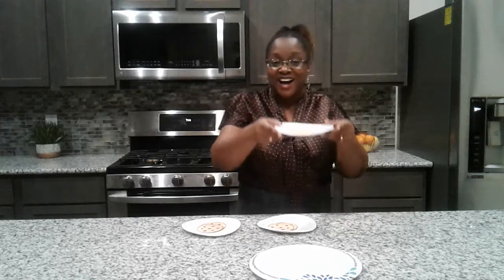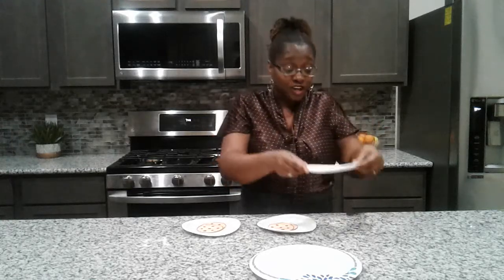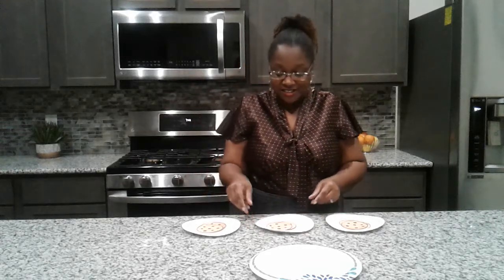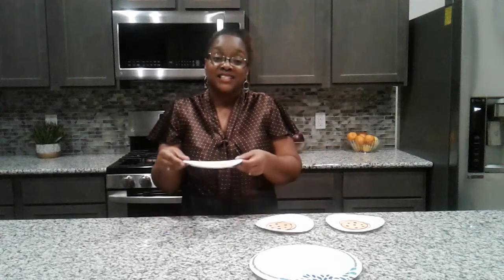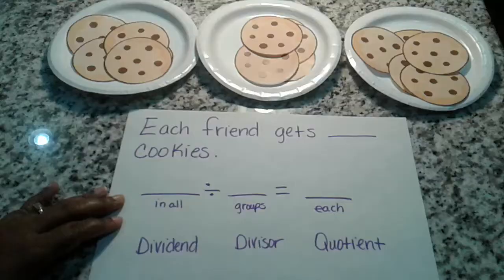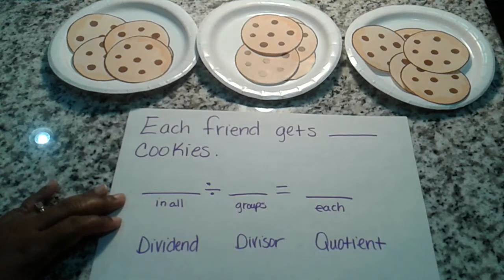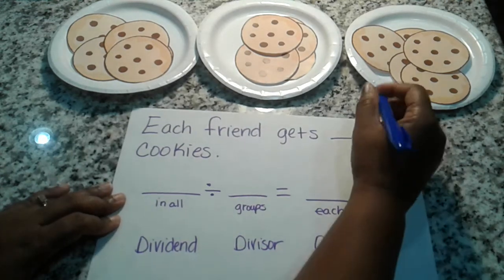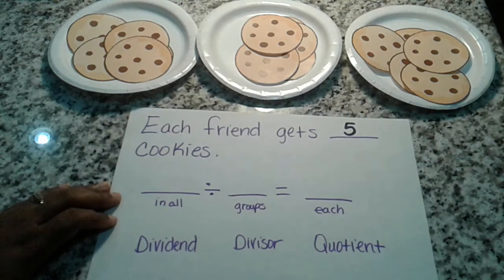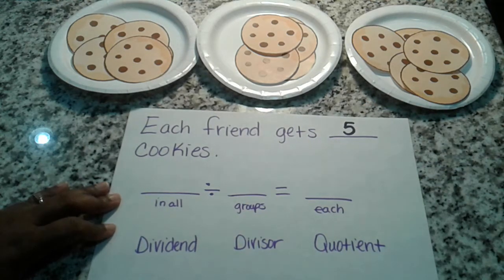Very good. 5 cookies. My first friend has 5 chocolate chip cookies, my second friend has 5 chocolate chip cookies, and my third friend has 5 chocolate chip cookies. Each friend gets 5 cookies. Very good, boys and girls.